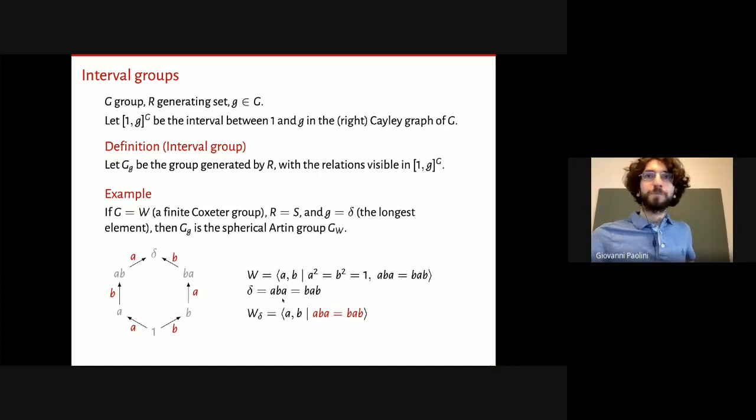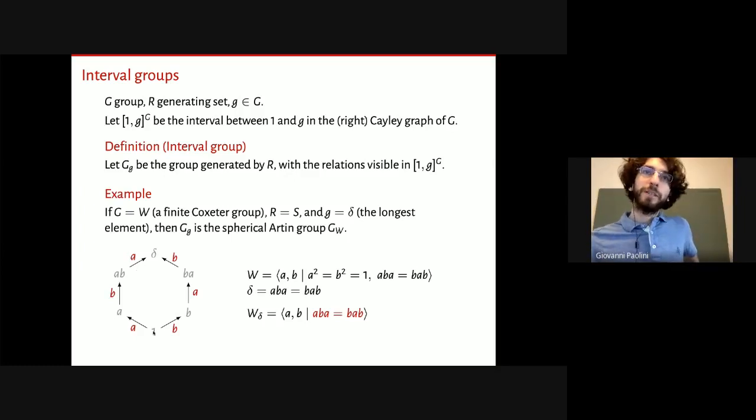And so the interval group is going to be generated by the same two generators, A and B. But now the only relation that we see from this picture, so again, ignore the gray group elements. We don't need them anymore. And just look at the red labels of the edges.